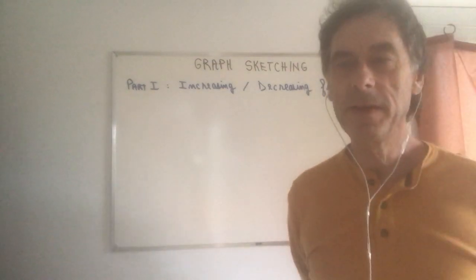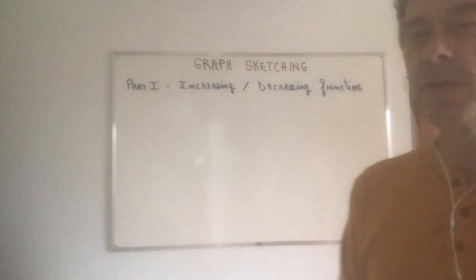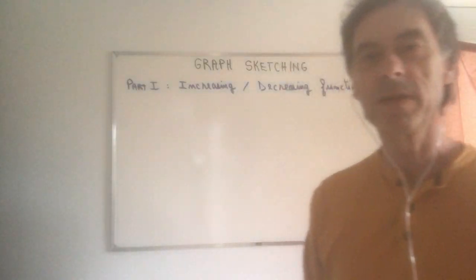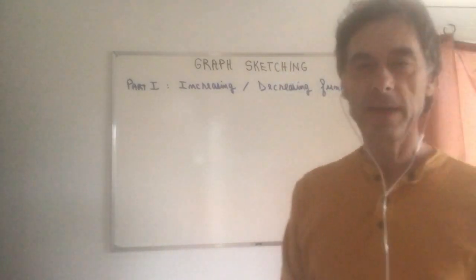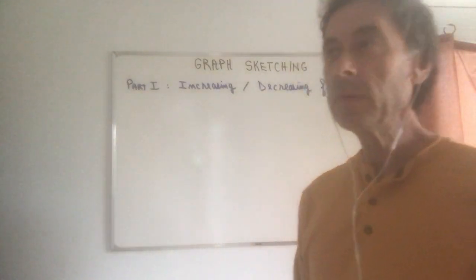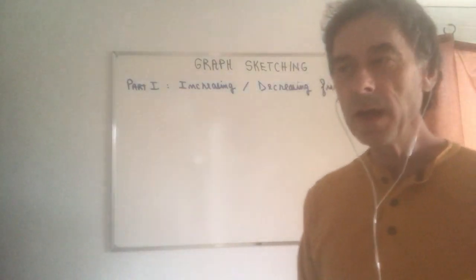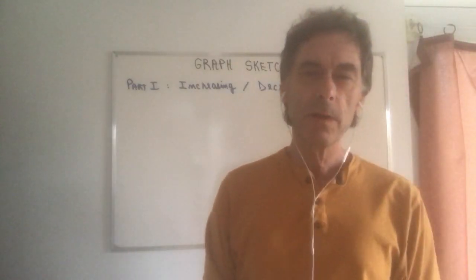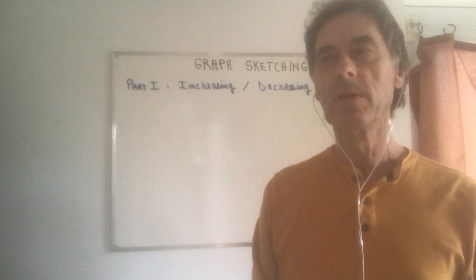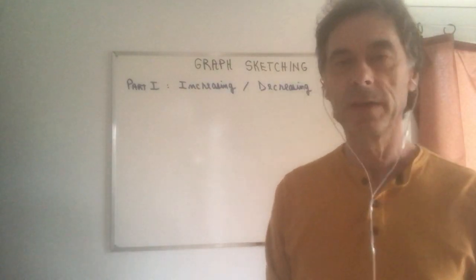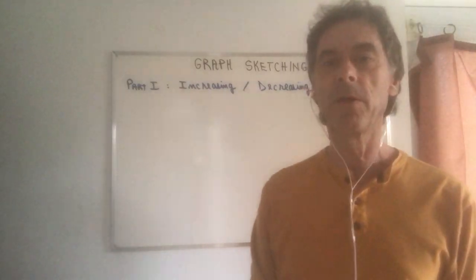Welcome back, everybody, to this second video of week 7 in our calculus course. Last time we looked at implicit differentiation. That was almost the last bit of the more calculation-oriented part of the course.